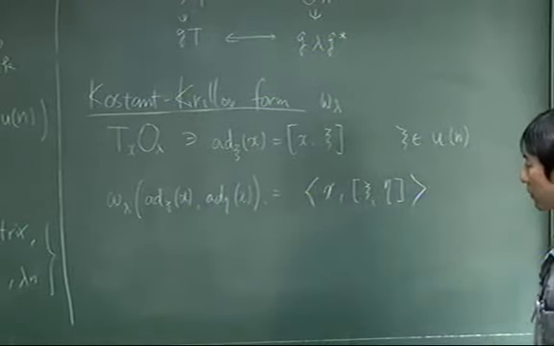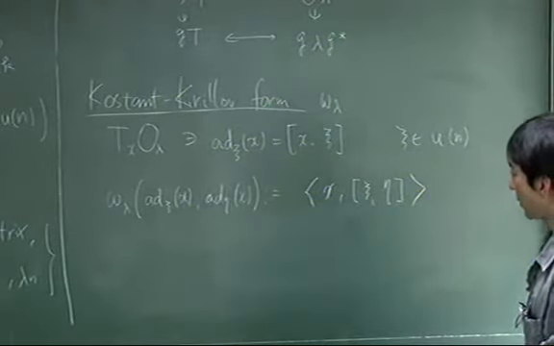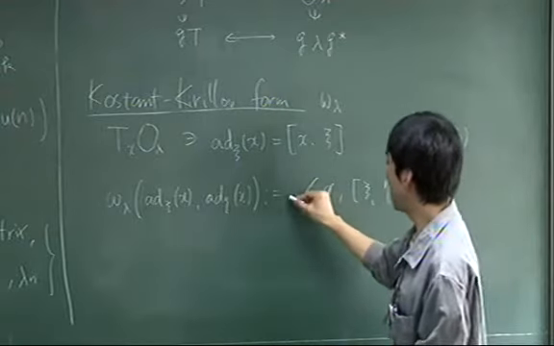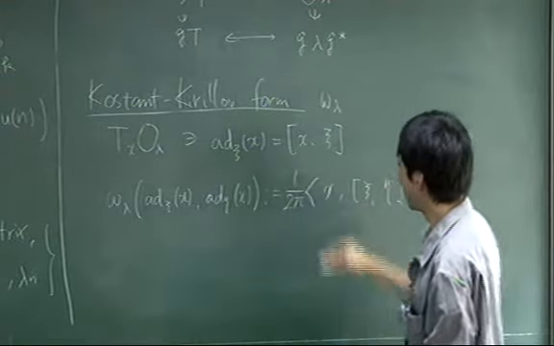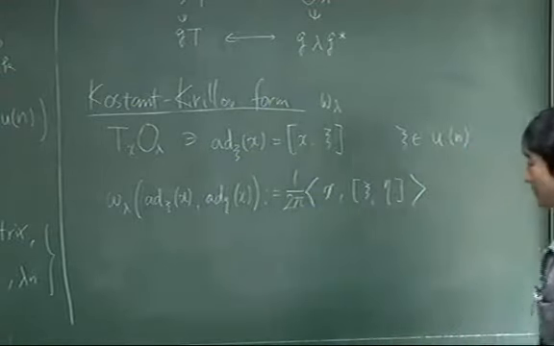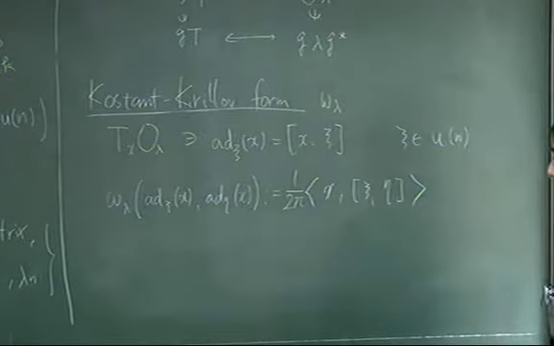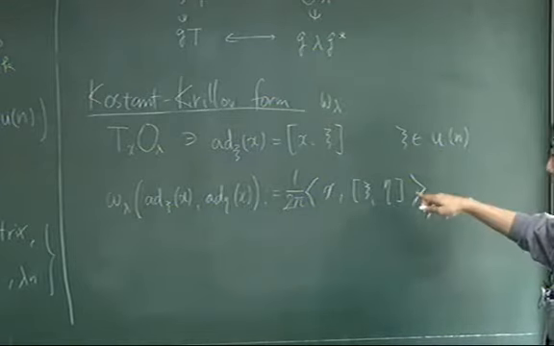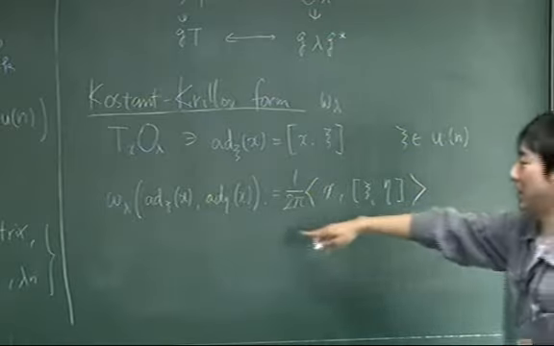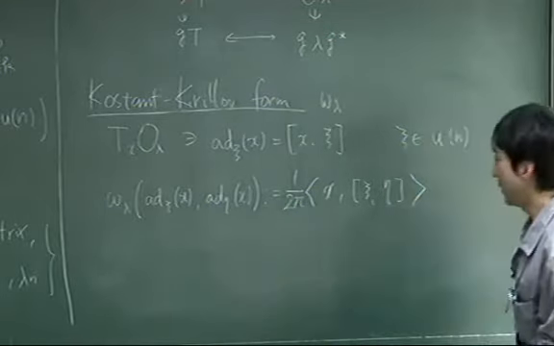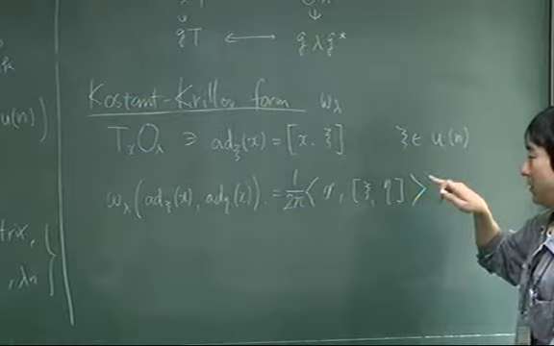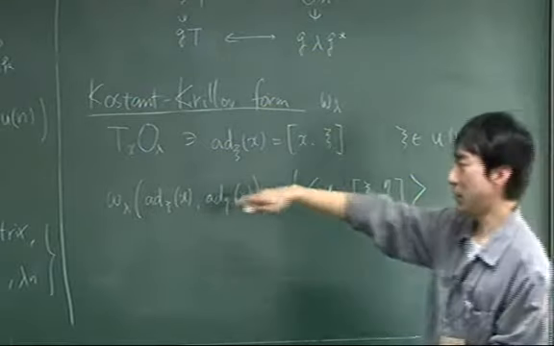For our notation, we put 2 pi over i here. This is alternating, and we can check that it is non-degenerate on each adjoint orbit. And this gives a symplectic form.